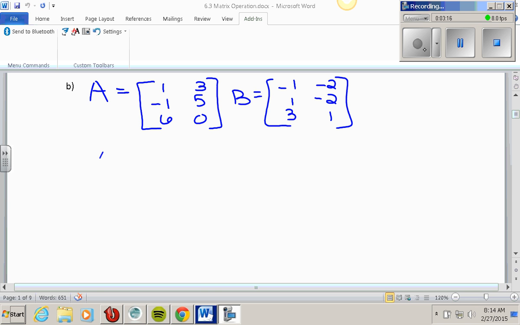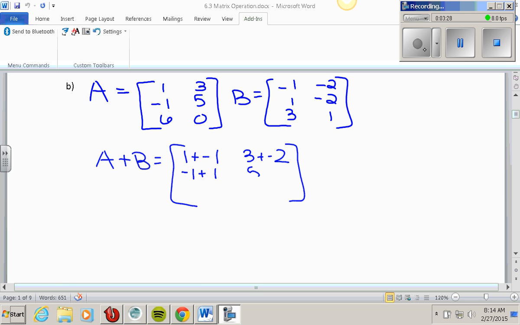So let's go ahead and add these. 1 plus negative 1, 3 plus negative 2, negative 1 plus 1, 5 plus negative 2, 6 plus 3, and 0 plus 1. Which is going to give us 0, 0, 3, 1, 3, 1. Which gives us, again, a 3 by 2 matrix.